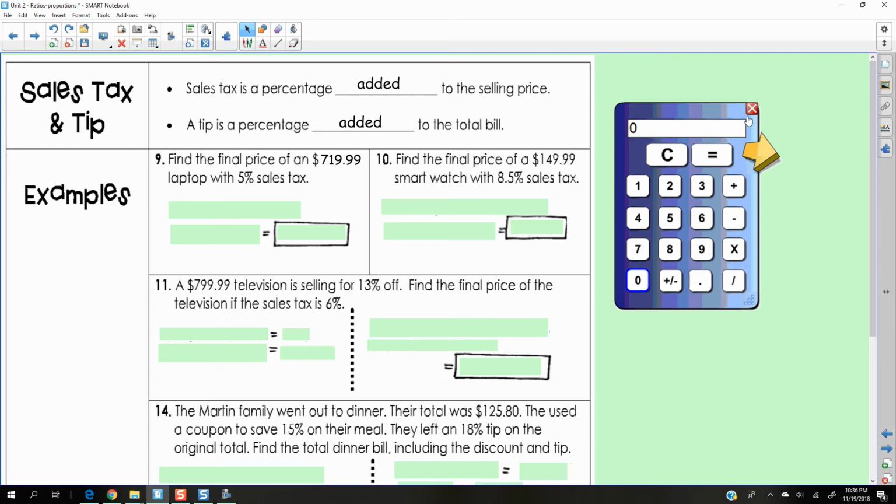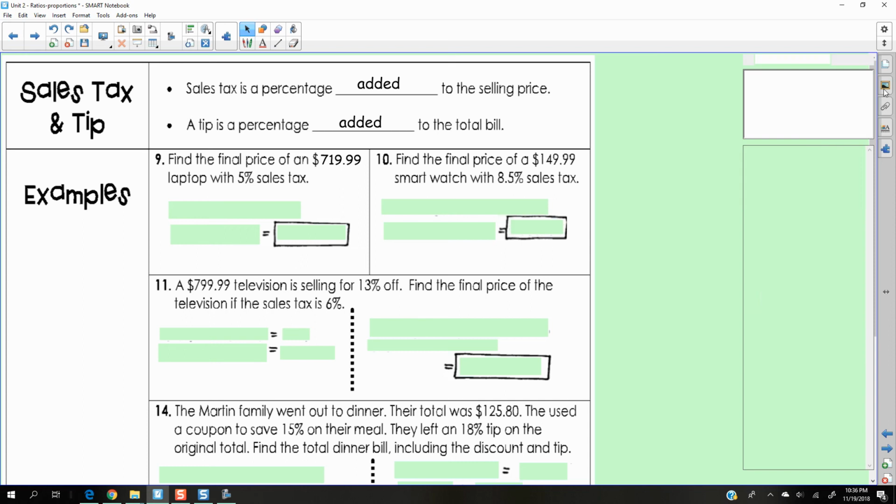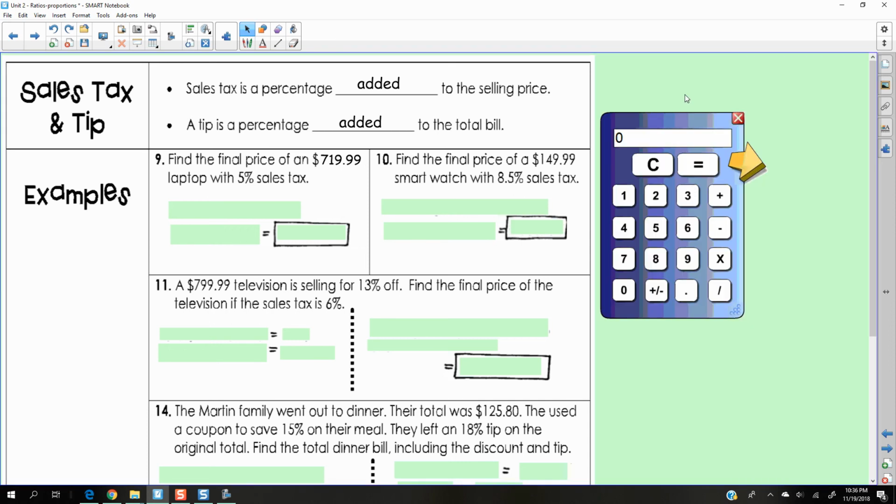Why is it not showing up? Oh my God. All right, I'm going to try this one more time. 719.99, and if it doesn't work, you'll just have to figure it out on your calculator. Times 0.05. Now it's working, which is $35 and all these cents, right?